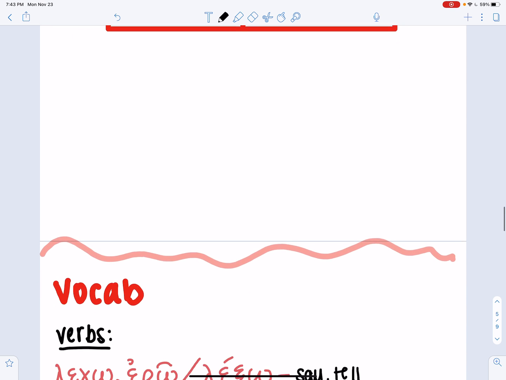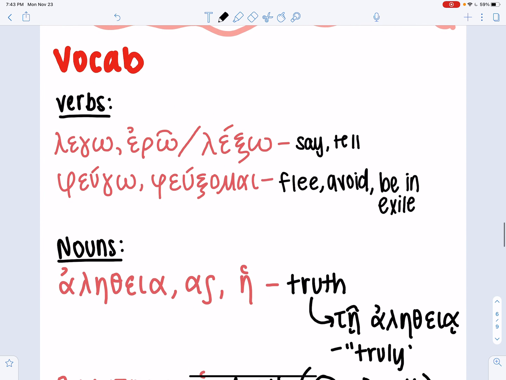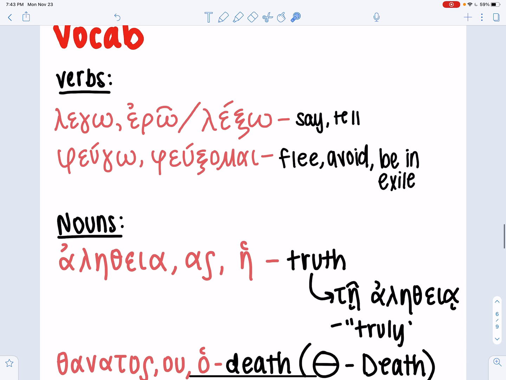All right, that's all that we have for the actual lesson. Now let's just learn a couple of vocab words. First, we have lego, which I forgot to put an accent on clearly. So lego is to say or tell. This is one of those words that has a really strange future and actually has 2 possible forms.